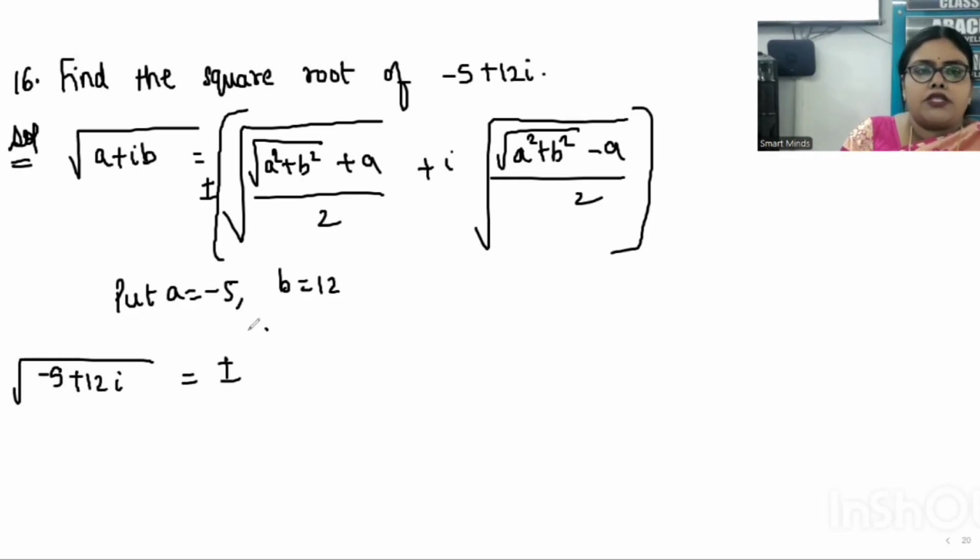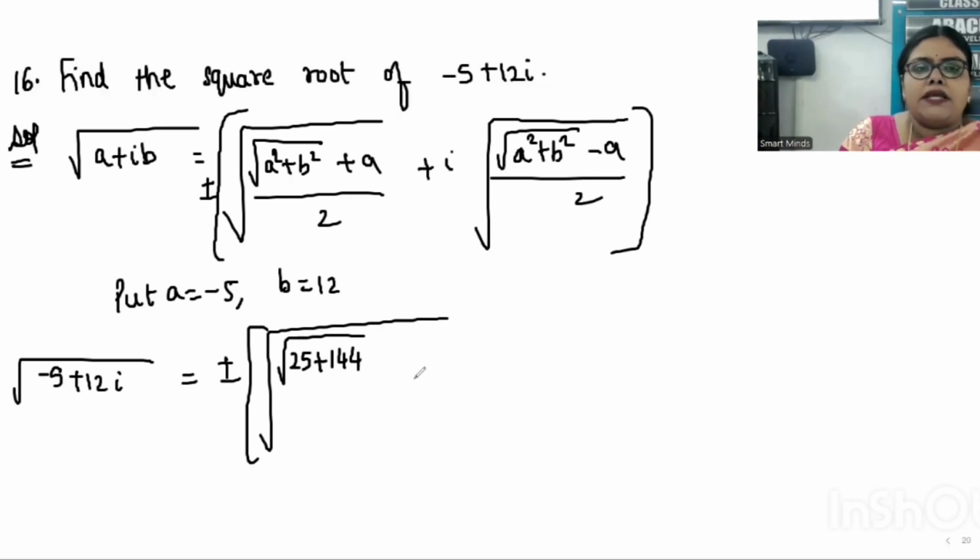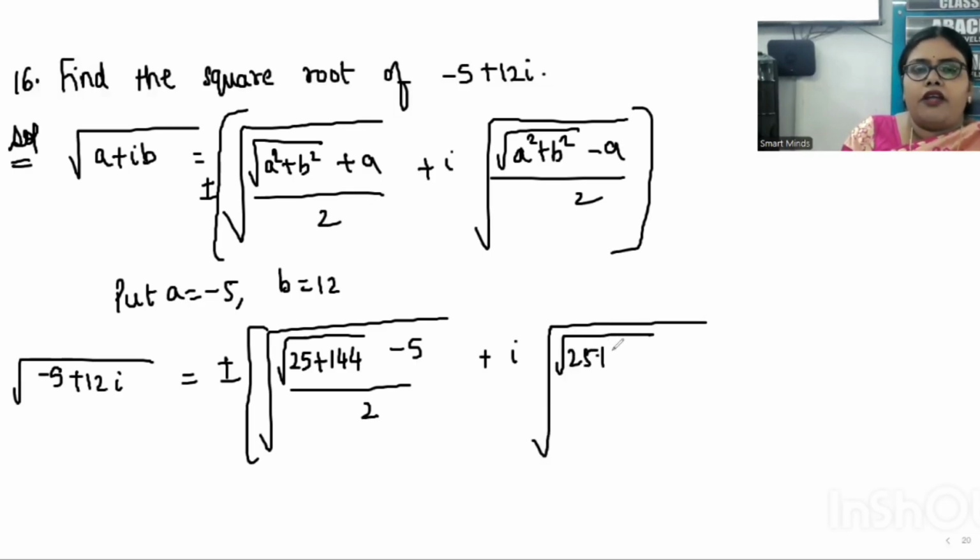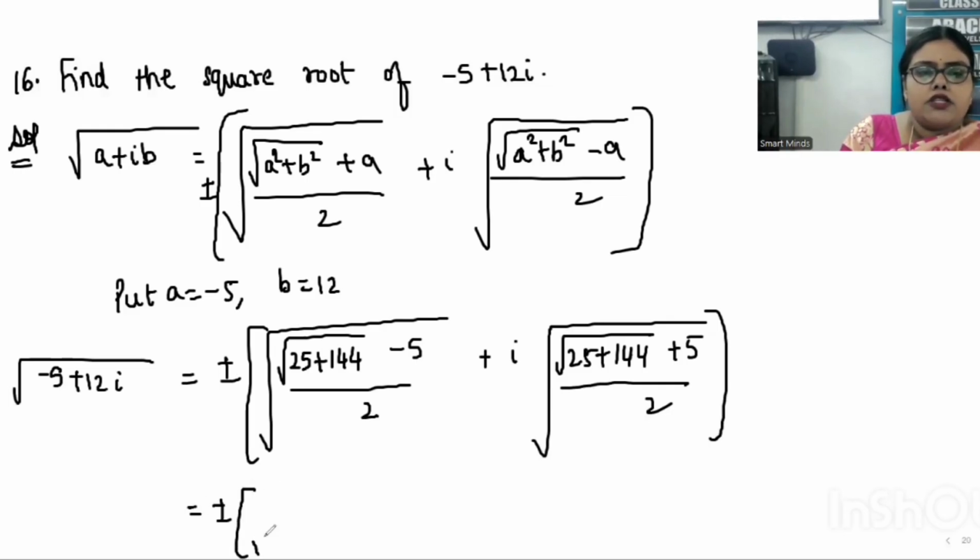That is equal to plus or minus square root of, again square root of, minus 5 square is 25 plus 144, plus a, which becomes minus 5 here, by 2, plus i into square root of, again square root of 25 plus 144, minus a, which becomes plus 5, by 2. So that is plus or minus square root of, now see, 25 plus 144 is 169.